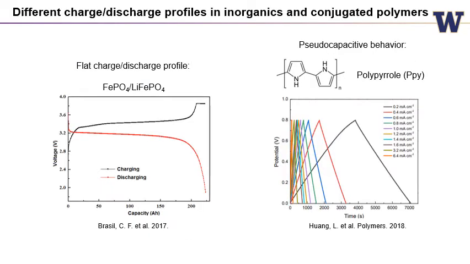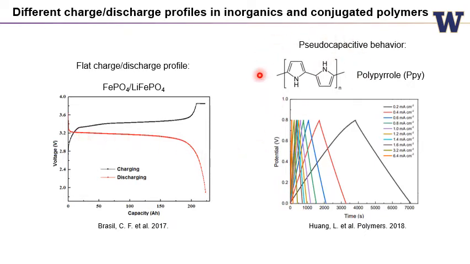The different mechanisms for ion insertion into these materials have really big implications on how these materials behave as charge storage devices. For lithium iron phosphate and iron phosphate, these materials have a very flat charge and discharge curve, meaning that the voltage stays constant as the material lithiates and delithiates.